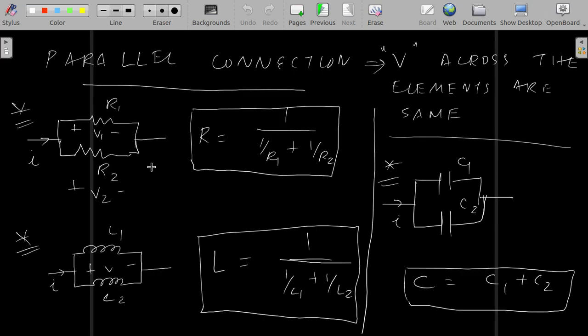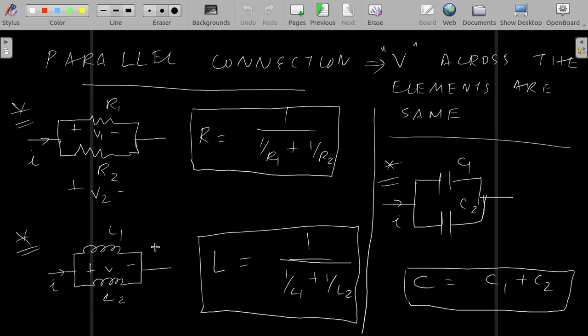Again, what is a parallel connection? It is a connection in which the voltage across the elements is the same. When two resistances are connected in parallel, they don't just add up. The inverses add up, right?